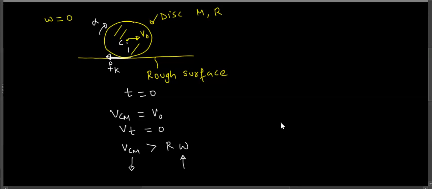Now, how do I calculate the kinetic friction? We are assuming that the coefficient of friction is mu k. Now, if I use net force equal to mass into acceleration, Newton's second law for translation, and I take right side as positive, the friction force is to the left.